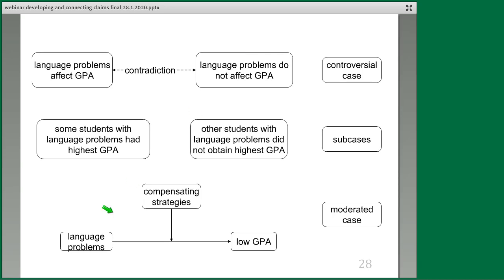But in the end, what's relevant is that language problems do affect GPA in a negative sense, unless students have compensating strategies. And again, whether the researchers found that for those students in their study overall language problems affected GPA or not is not relevant anymore.